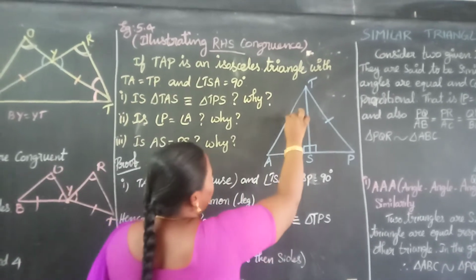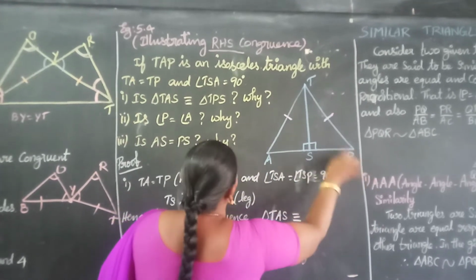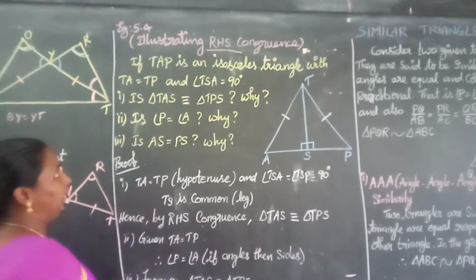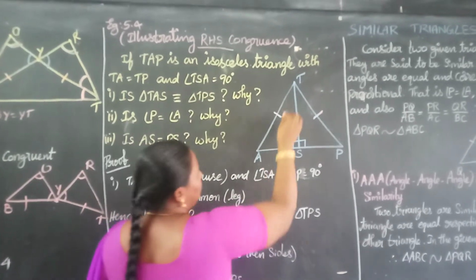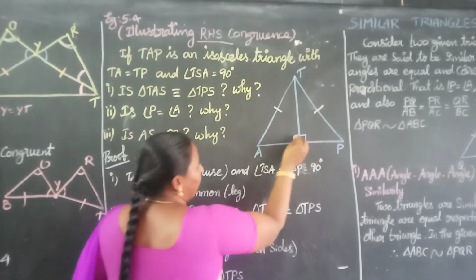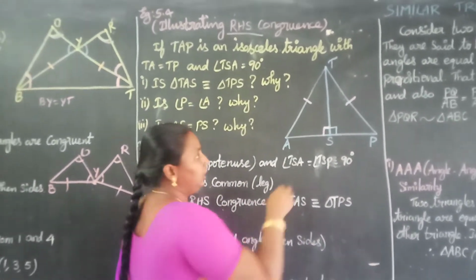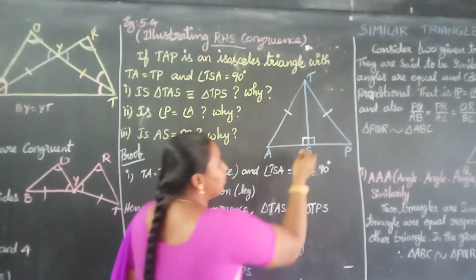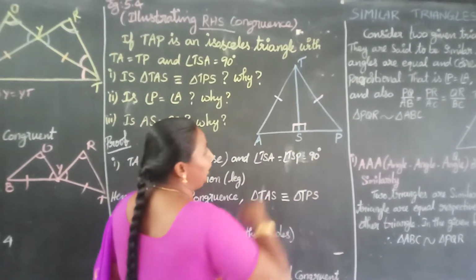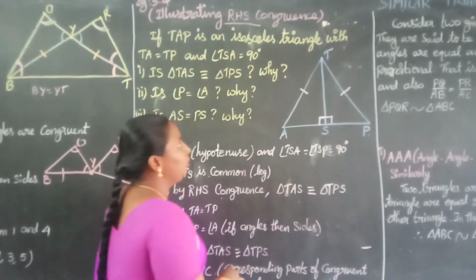They have given TA equal to TP, TAB is an isosceles triangle, and angle TSA equals 90 degrees. So TSA, this one, should be 90 degrees. Since angles on a straight line add up to 90 degrees here, this angle also should be 90 degrees. So TSP is also 90 degrees.